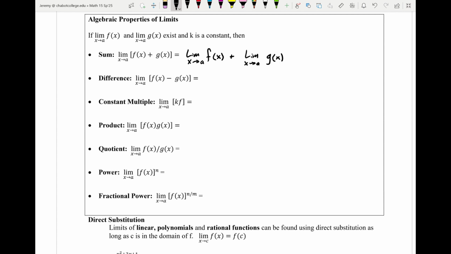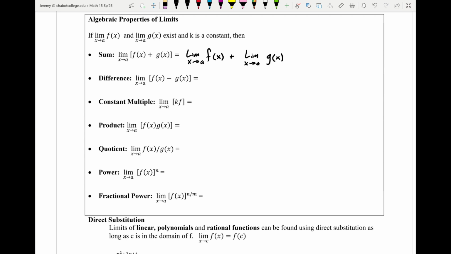And the reason this is helpful is because we might be taking the limit of a big function, a whole bunch of stuff going on on the inside here. But if there's any addition or subtraction, as we're going to see in a second, we can take that big complicated limit and split it into two or more smaller limits. So that's really helpful at evaluating these.